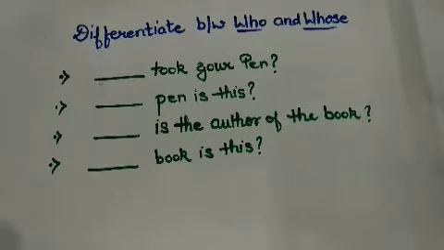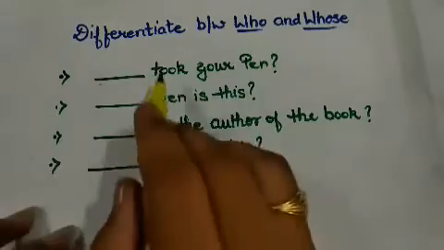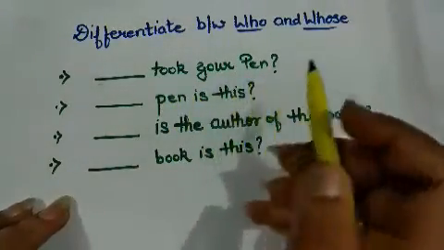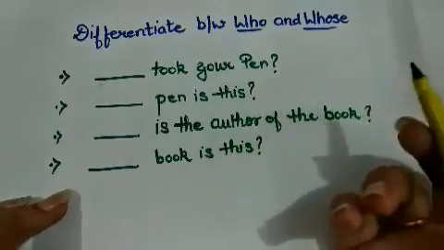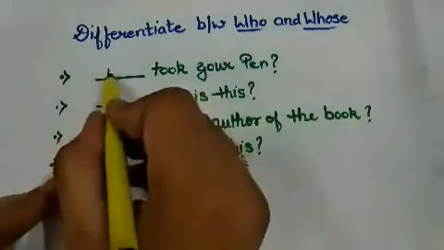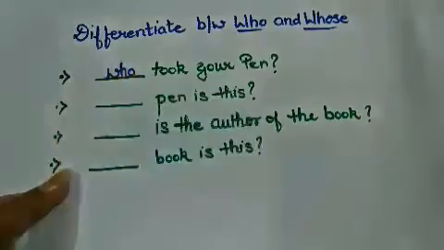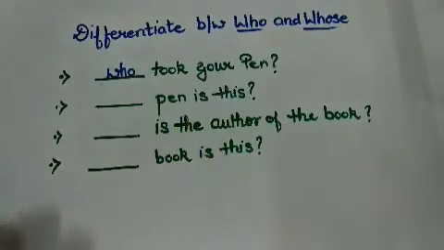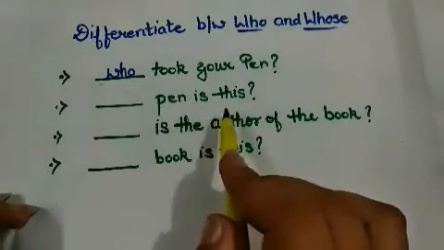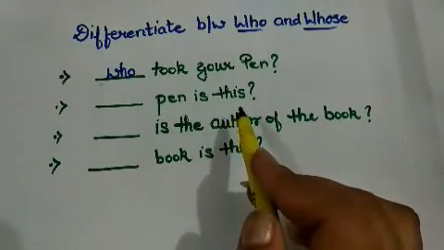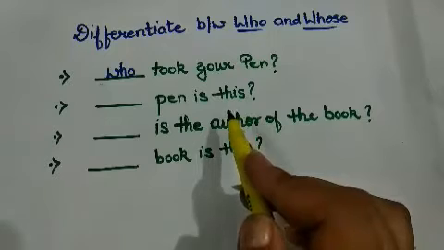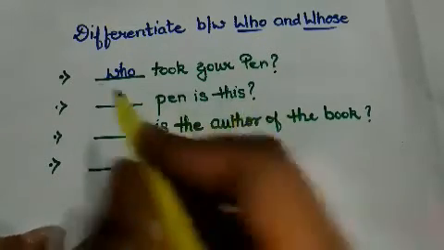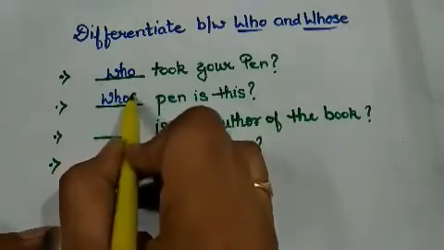Let's see. Dash took your pen. By whom can this pen be taken? Obviously a person, so I will write who here. And dash pen is this. This is very clear: we are talking about belongingness, who is the owner of the pen, so whose pen is this?